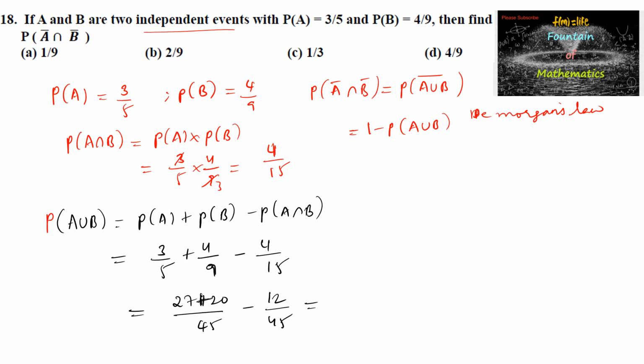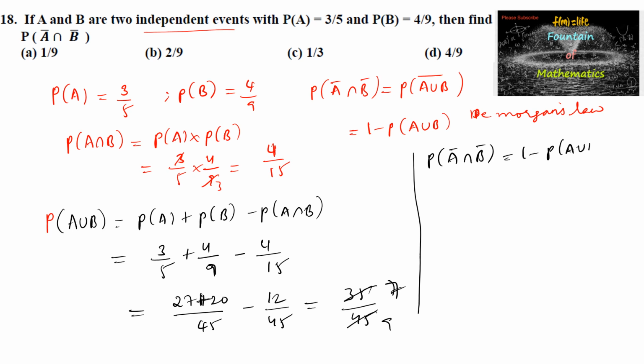That is 27 plus 20 minus 12, 35 upon 45, we can simplify. That is 5 sevens are 35, 5 nines are 45, so 7 upon 9. And P of A bar intersection B bar is equal to 1 minus P of A union B, that is 1 minus 7 upon 9, that is 9 minus 7, 2 upon 9. So 2 upon 9 will be the answer for this question, which is option B.